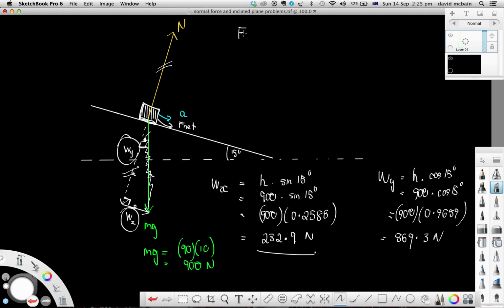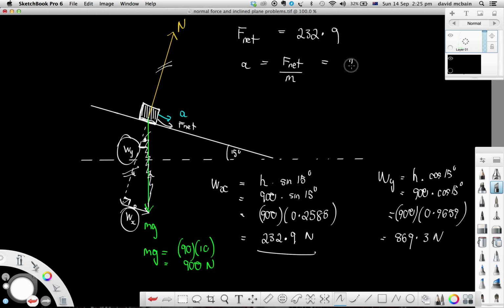So F net equals 232.9. Now, if we have to work out the acceleration, we now use Newton's second law, where the acceleration is equal to the net force divided by the mass. So it's Newton's second law rearranged.